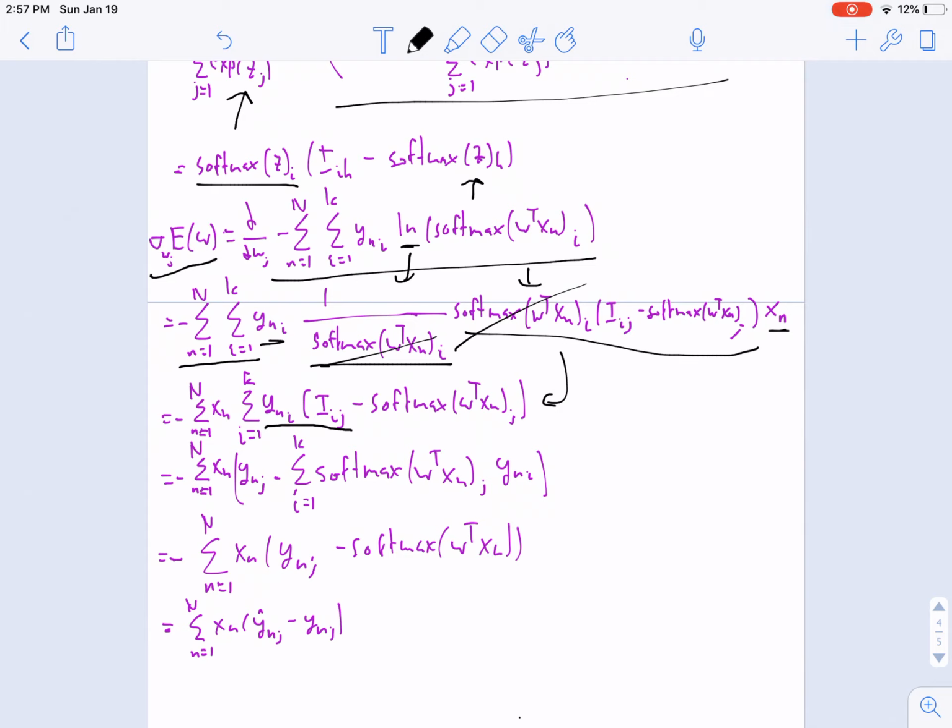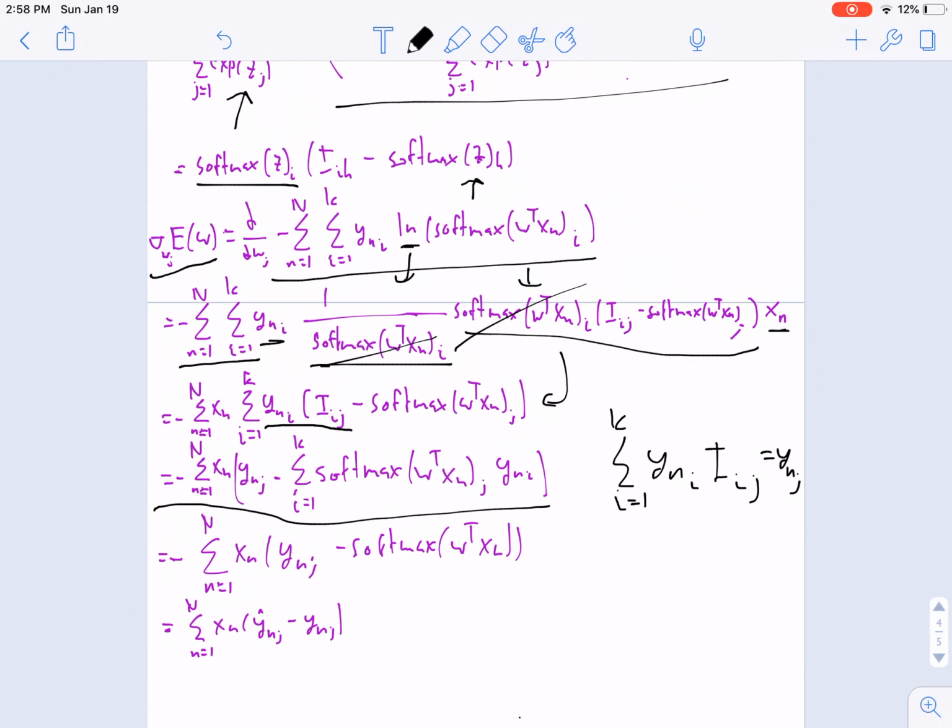So that means that the only term in the sum from i equals 1 to k of y_ni identity_ij that's going to be non-zero is when j equals i. So this thing just equals y sub nj. So we go ahead and evaluate that, and then that gives us this line right here.